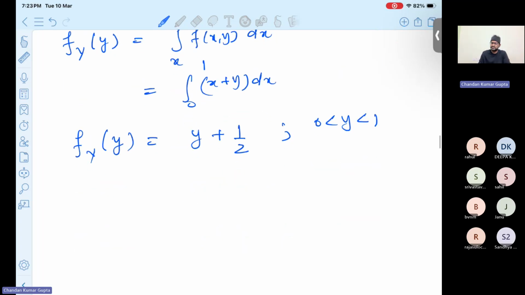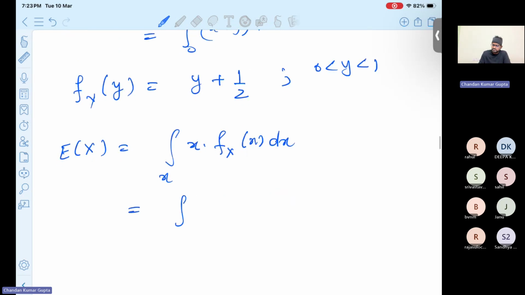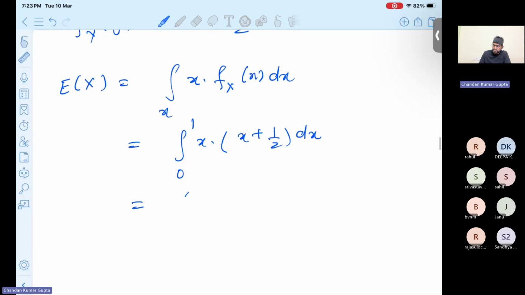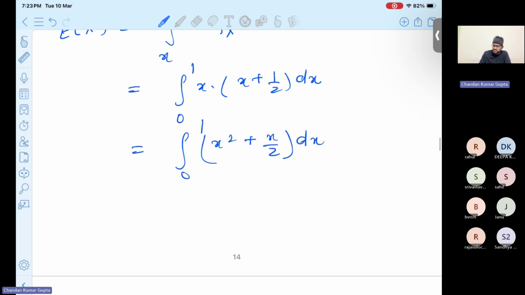Now expectation of x. Obviously, expectation of x is the integral of x into fx of x dx. This is the formula. Now x ranges from 0 to 1, and x into its PDF x plus half gives the integral from 0 to 1 of x square plus x by 2 dx.